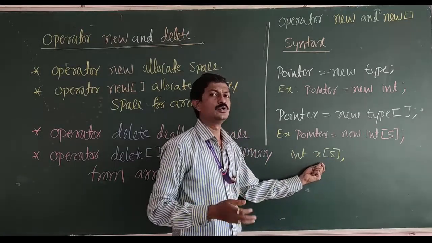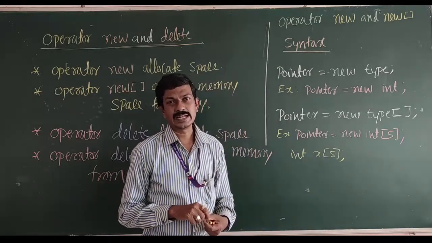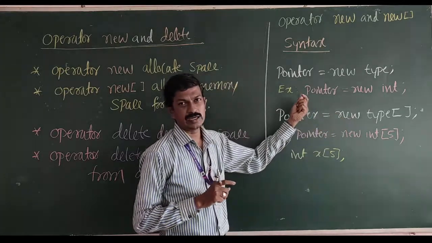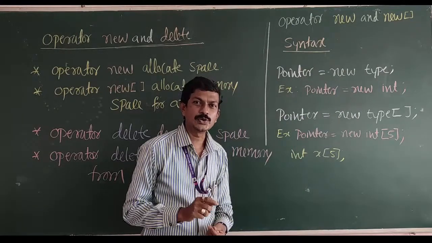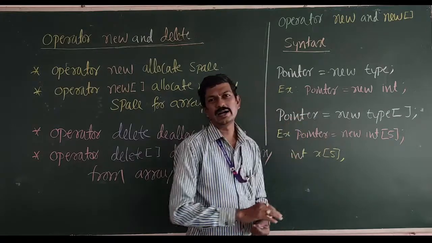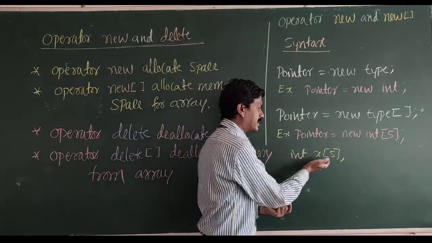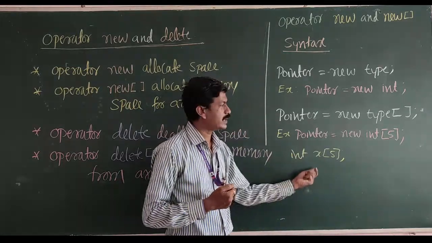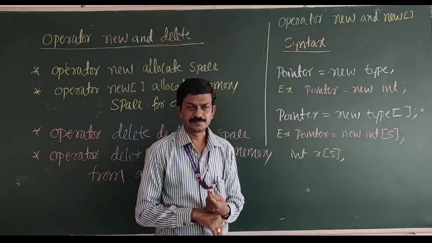If you want to add a few more elements into this array, that is only possible with the help of dynamic memory allocation, that is, with the operator new with a square bracket, which allocates the extra amount of memory for a given array type variable. Initially I declared integer x of 5, and if you want to add a few more spaces for this variable, that is possible with this operator new.